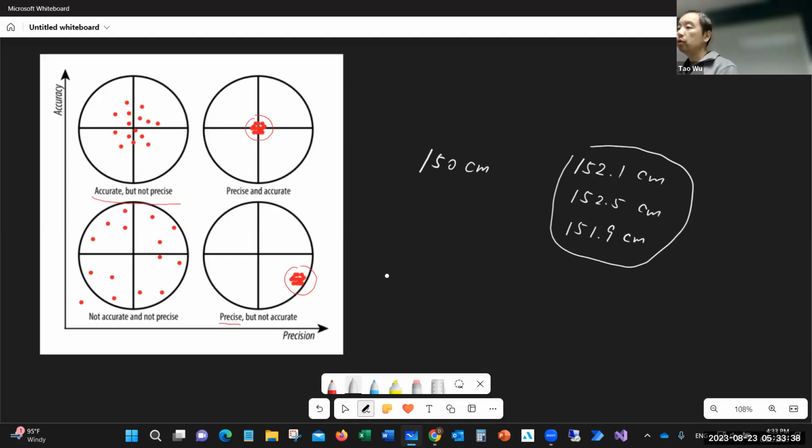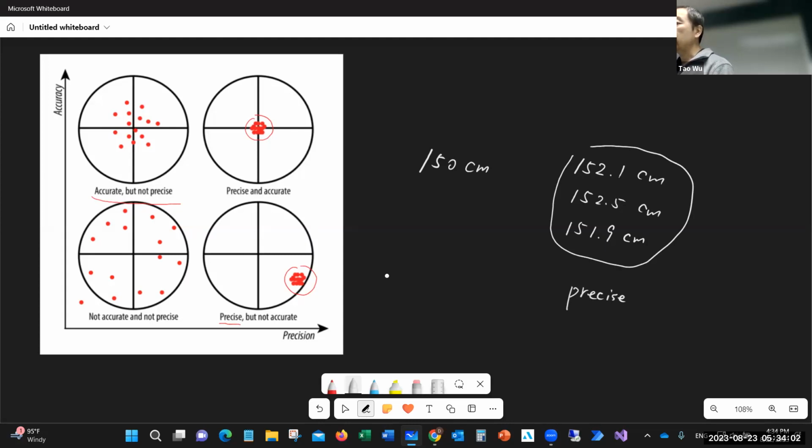And then you will see those three data are actually repeatable: 152.1, 152.5, 151.9. Not too far away, right? It's close. So those data are repeatable, which means we call this precise, because this set of data is repeatable.